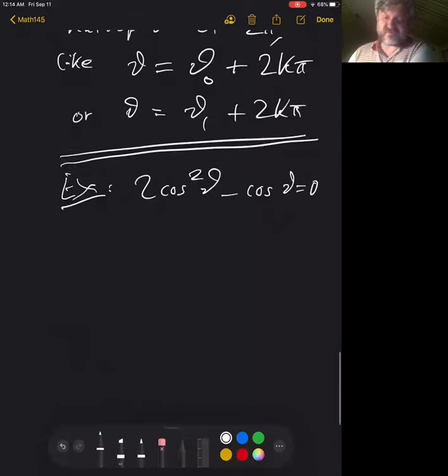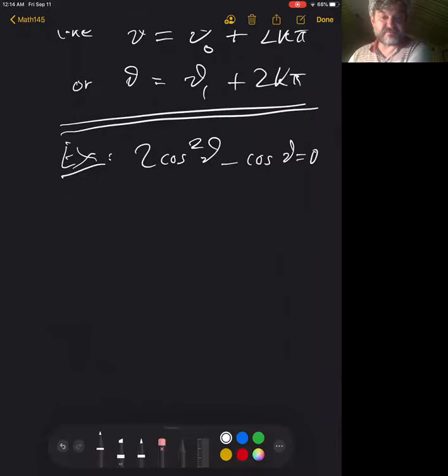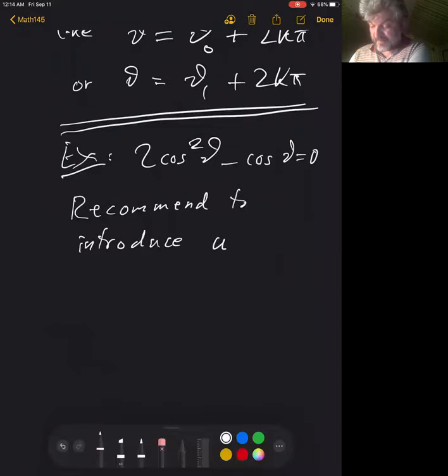Whenever you've got a complicated equation that's more than just the linear equation in the first example, I recommend to have an auxiliary variable. u is the cosine of theta.